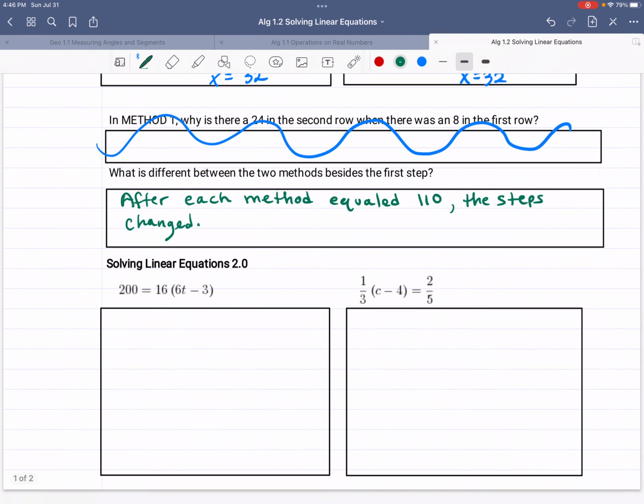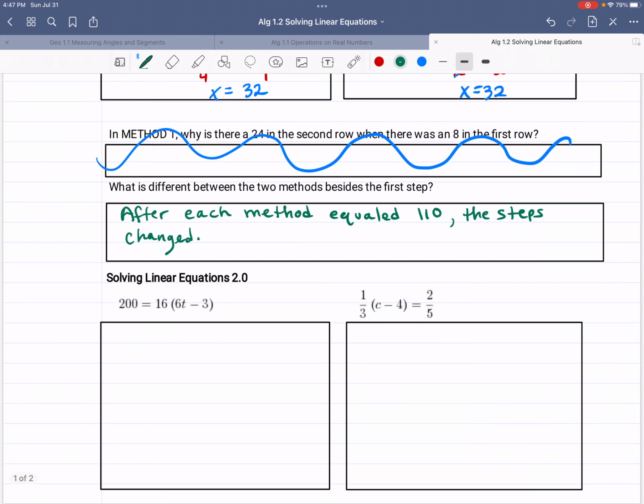Solving linear equations 2.0. So we're going to practice some more of this. We have 200 equals 16 parentheses 6t minus, or I'm sorry, minus 3. So we could distribute or we can divide by 16. I'm going to choose to divide by 16 on both sides.